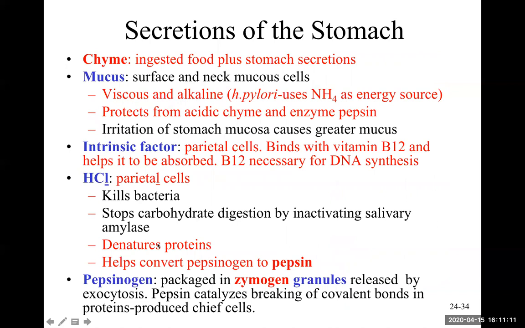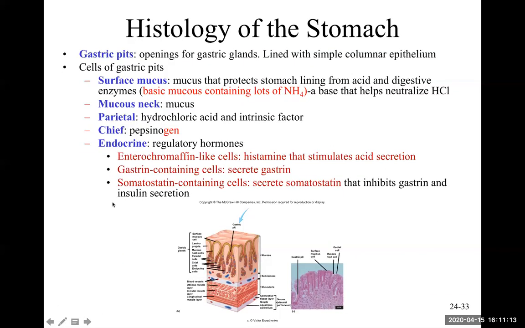So I would ask about what the cell types are and what they produce. So let's go back. Parietal cells produce hydrochloric acid and something called intrinsic factor, which is going to be important. We'll talk about it coming up. Then the chief cells produce a zymogen called pepsinogen. Again, zymogen, I highlighted the GEN because these are enzymes and hormones that are produced inactive.